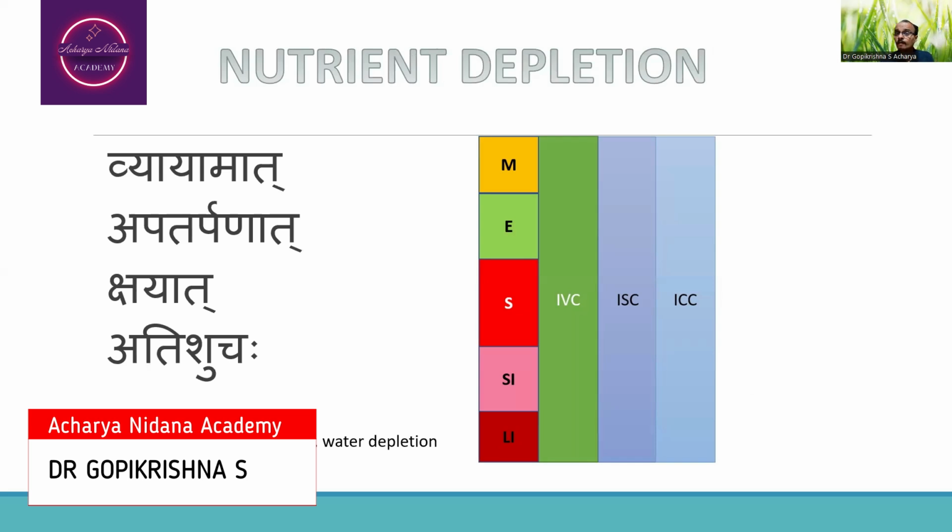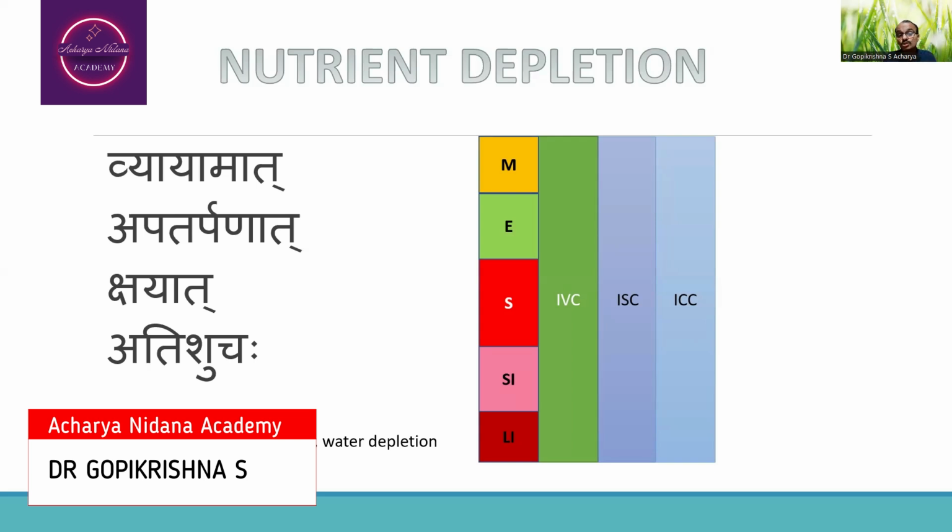Apatarpana refers to measures responsible for the depletion of body tissue, such as exposure to sunlight, where more and more heat waves are present; that is one type of apatarpana. Kshayat means whatever measures are responsible for the decrease of body tissues in the body.